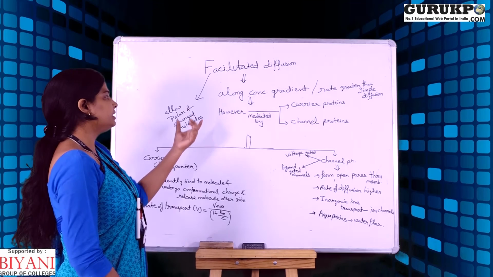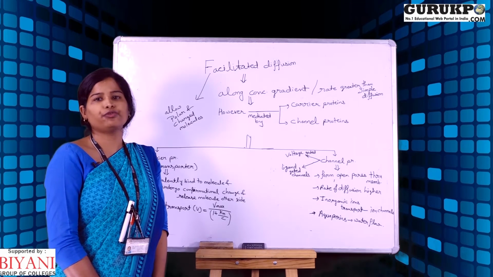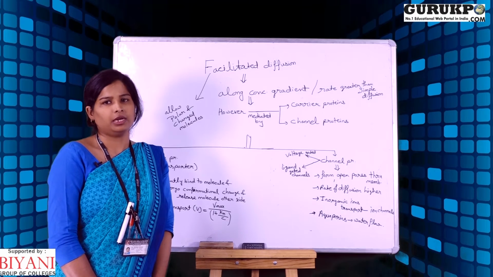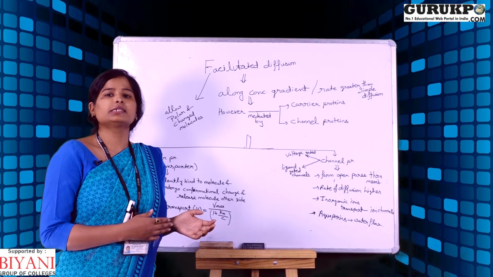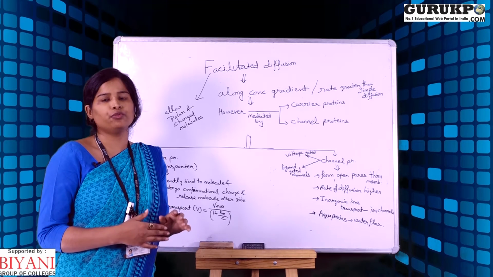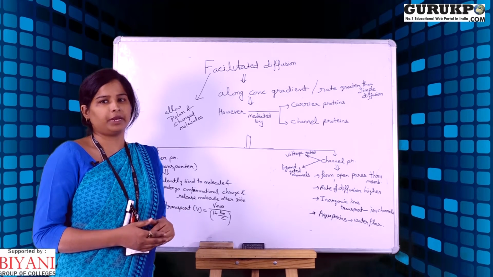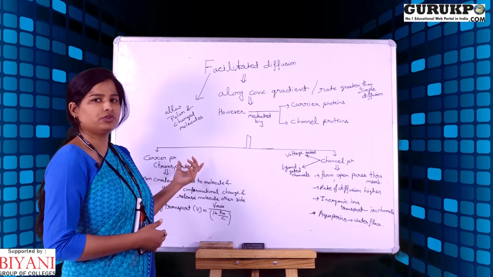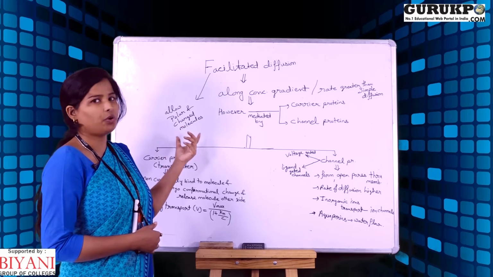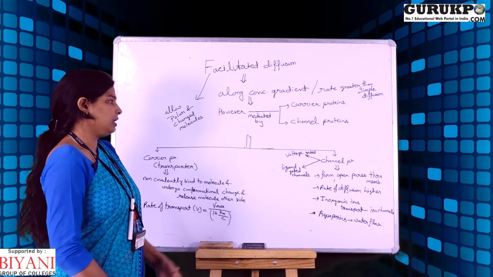Facilitated diffusion allows polar and charged molecules to move across the plasma membrane. It means unlike simple diffusion, where only uncharged molecules can move across the plasma membrane, in facilitated diffusion the charged and polar molecules can also move across the plasma membrane.